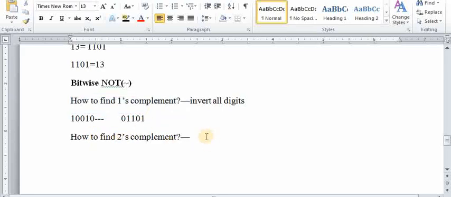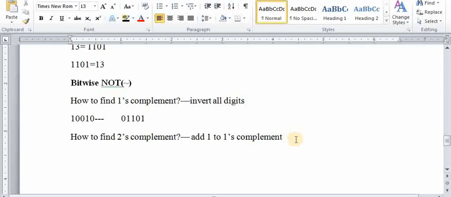To find the two's complement, add 1 to the one's complement.